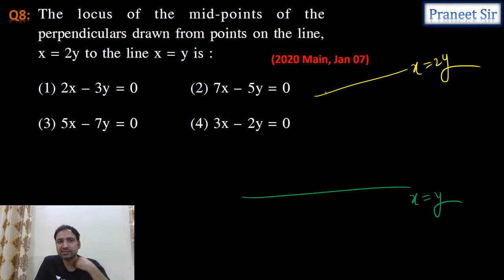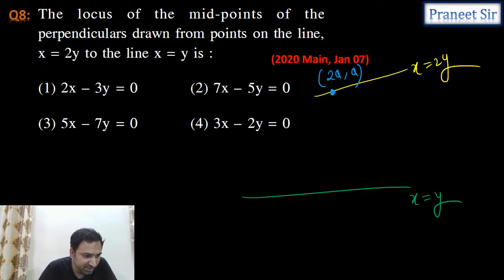What he's asking is the midpoints of the perpendiculars drawn from any point on this particular line. Can I take any point on this line as 2a comma a?